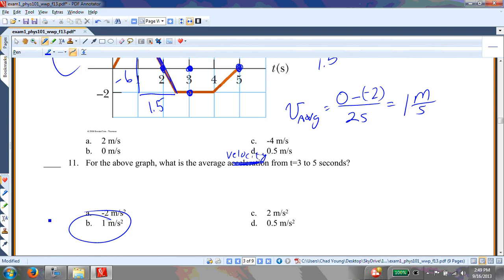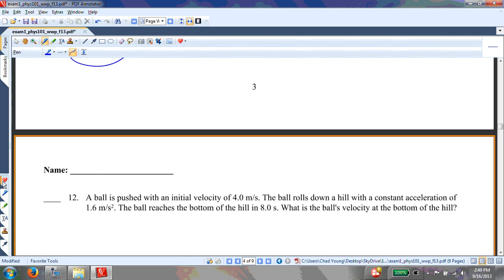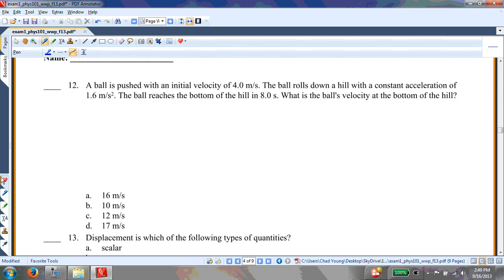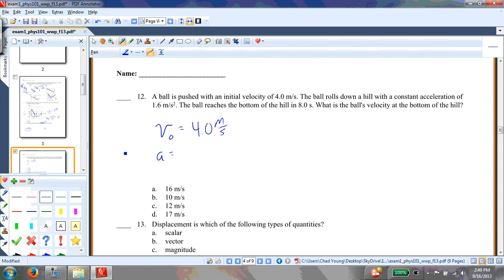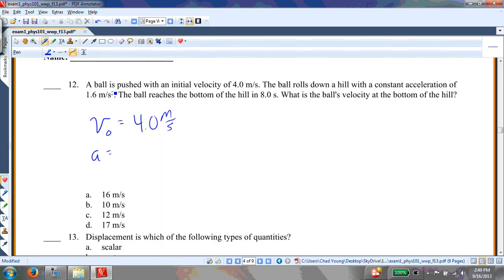All right, number 12. A ball is pushed with an initial velocity of 4.0 meters per second and a constant acceleration of 1.6 meters per second squared. It reaches the bottom of the hill in 8 seconds. What is the ball's velocity at the bottom of the hill?